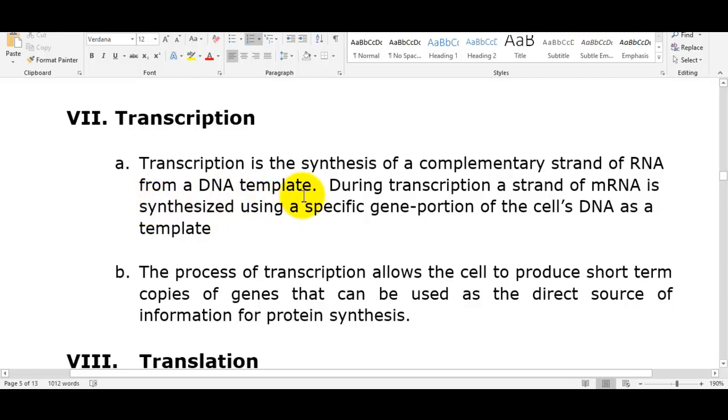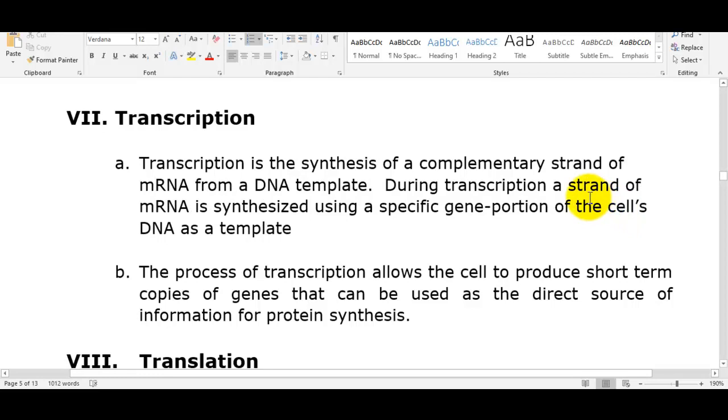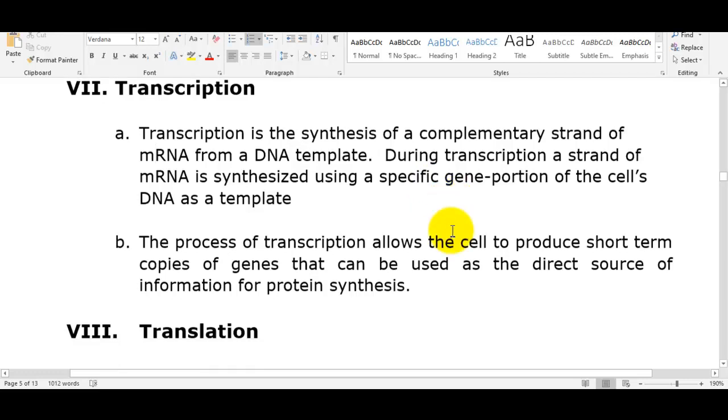Transcription is the synthesis of a complementary strand of messenger RNA from a DNA template. It's basically an identical copy of DNA, just with uracil instead of thymine being added.